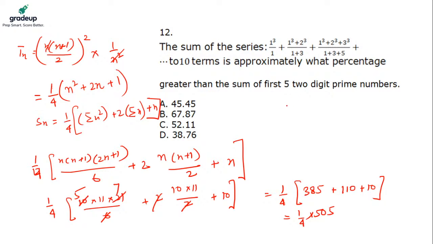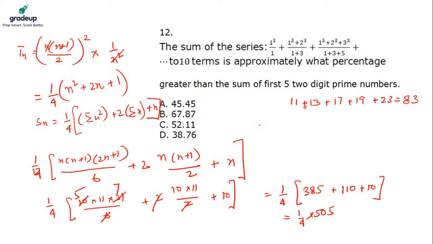So the first 5 two-digit prime numbers are which all? Okay, 11, 13, 17, 19 and 23. Now the sum of these numbers is how much? 83.